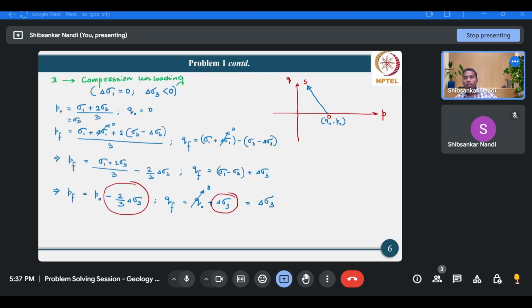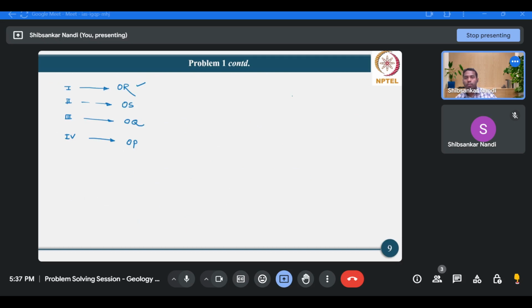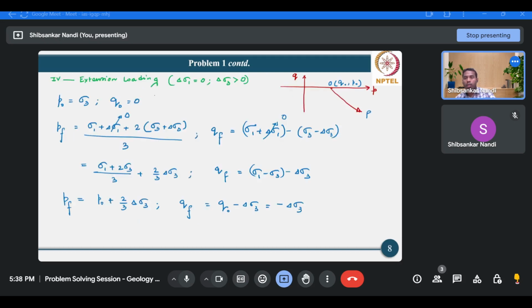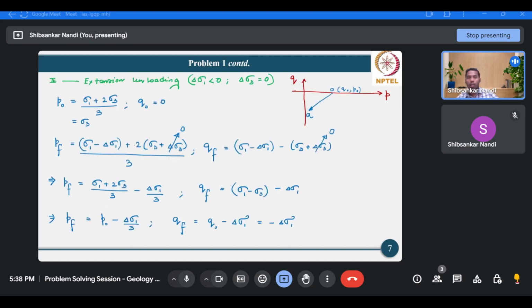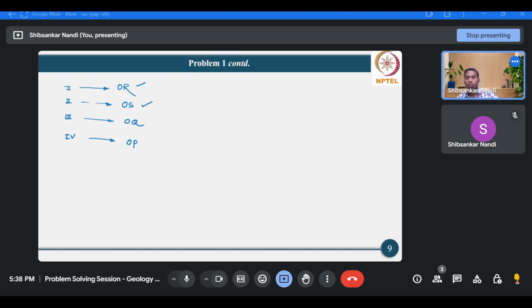Then compression unloading is matching with OS, yes. Then extension unloading is matching with OQ, and then obviously extension loading is OP.